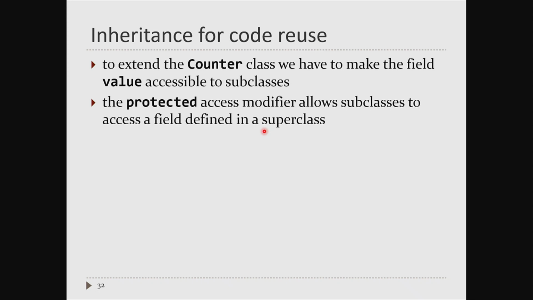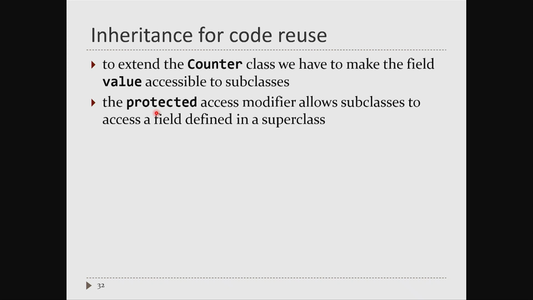So that's the fourth access modifier in Java. Public: anybody can use it. Private: nobody can use it except the class. Protected: only the subclasses and the class itself. And it turns out any other class in the package can use it, which is weird. That's the way it is. Package private, which is no access modifier, means only the class itself and any class in the same package can use it.